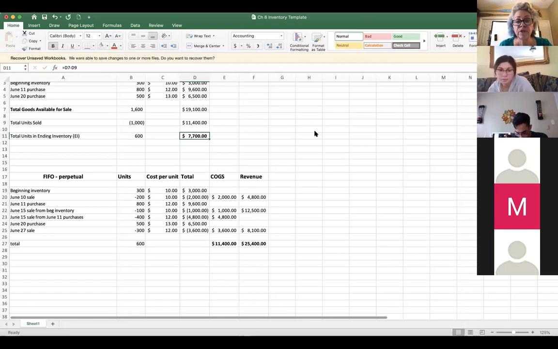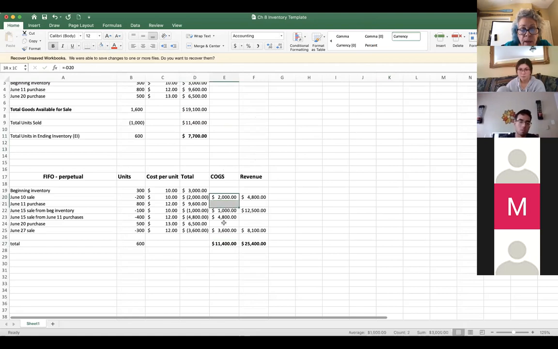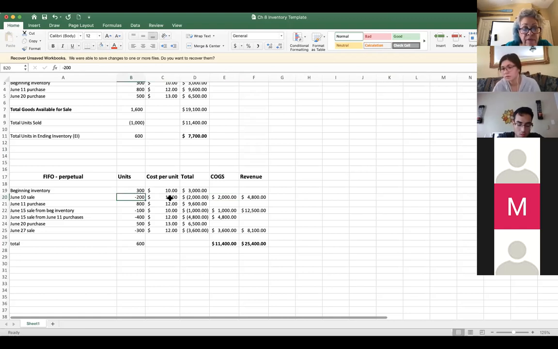Yeah, so Maya wants to know how we got the cost of goods sold. The cost of goods sold, I just summed up. When I calculated cost of goods sold at the time of each purchase, we sold 200 units on June 10th at $10, which gives me a cost of goods sold of 2,000.